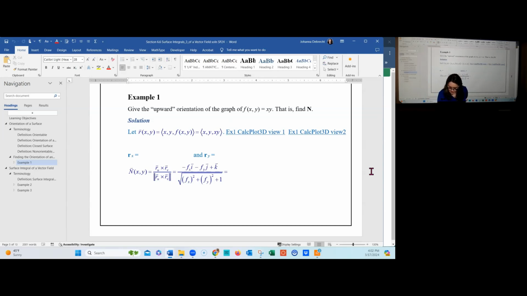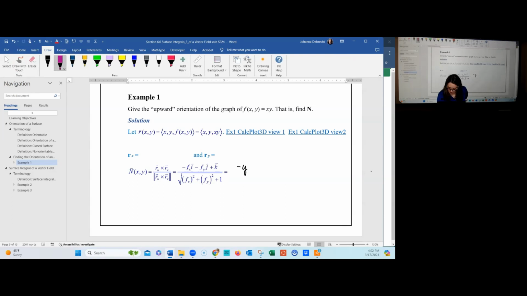So in this case, I'm going to get that this is equal to negative y in the i hat direction, which I can write either with i hat, j hat, and k hat, or I can represent in vector form. Then I take the partial of the function with respect to y and multiply it by j hat for the second component, which would likewise give me negative x.